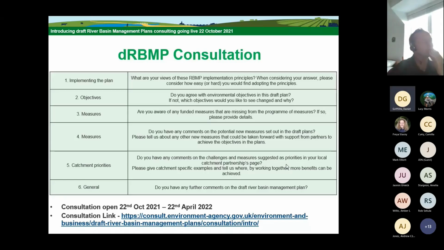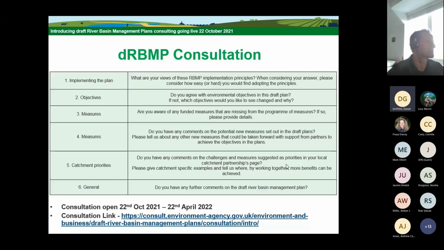The first one is regarding the confident measures, which was the first spreadsheet that I provided a subset on, and that is really asking where we've got missing confident measures for the next cycle that have got funding in place. Then the second measures question is around the potential new measures spreadsheet, and it's looking at how we can best achieve delivery of those less confident measures, and again, any additional ones that could go in there.